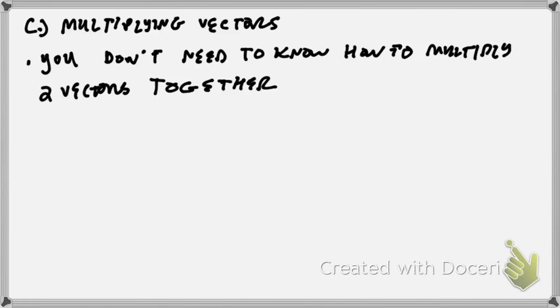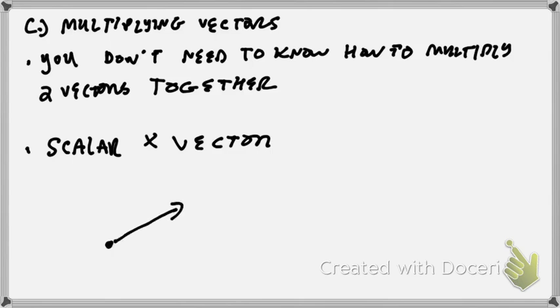The only thing that you really need to know is the effect that's going to happen if you multiply a scalar by a vector, right? So if you have a vector, say 3 newtons northeast, and you multiply that by a scalar of 3, what's going to happen?